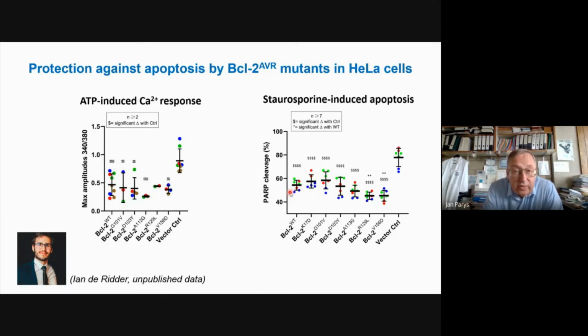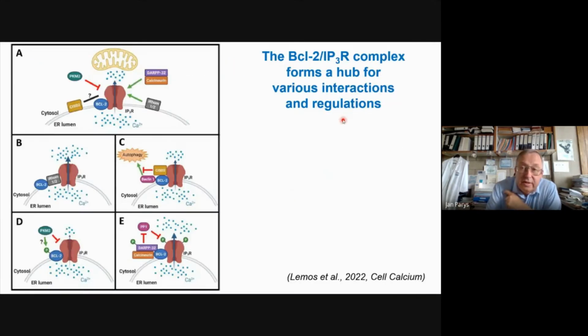Another point that I want to show is that the BCL2 IP3 receptor complex forms a hub for various interactions and regulations. So BCL2 is a strong regulator of the IP3 receptor, but it can be modulated by other proteins. One example is here.